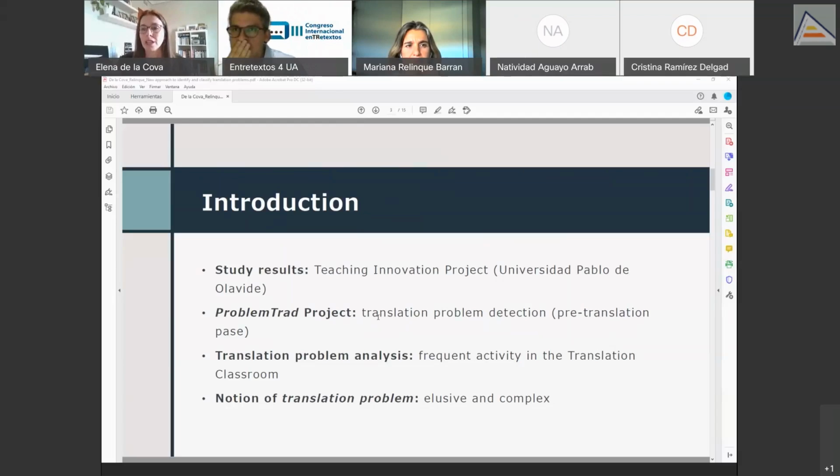This project has been implemented in the translation classroom, obviously, and we have conducted it in different classes: localization classes, technical translation and legal translation classes, with different combinations of languages: German to Spanish, French to Spanish, English to Spanish, and Spanish to English.